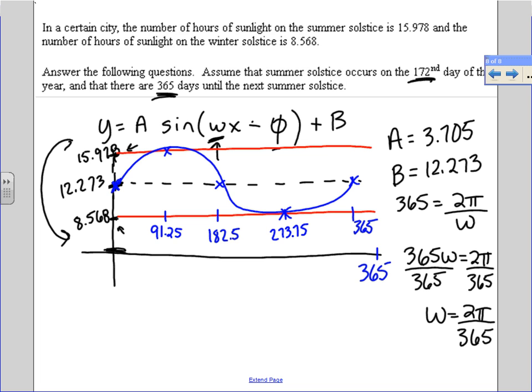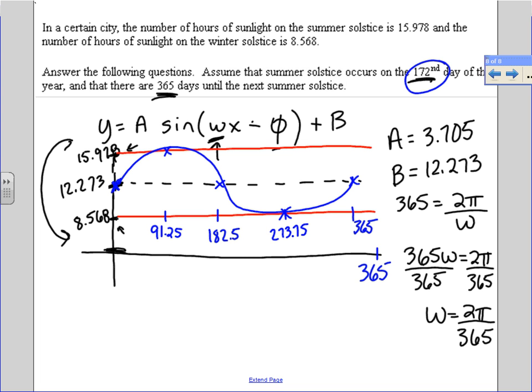Okay. Now, notice we haven't said anything about phase shift and this idea here. So supposedly on the 172nd day, that's the summer solstice. In the summer solstice, you're going to have the maximum amount of light. So my graph doesn't make sense here.